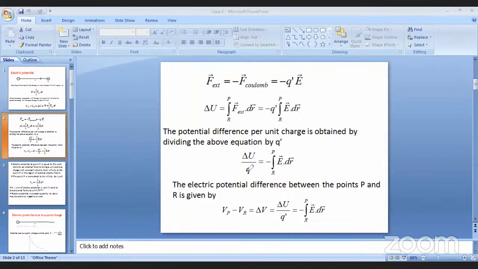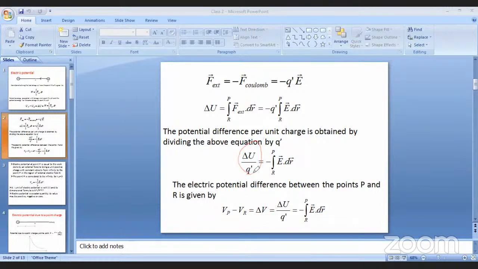So U is the symbol used to denote the potential energy in electrostatics, and V is the symbol used to denote the electric potential in this topic, that is electrostatics. So here the difference in potential between the 2 points P and R is given by delta V. So that is delta U divided by Q prime.